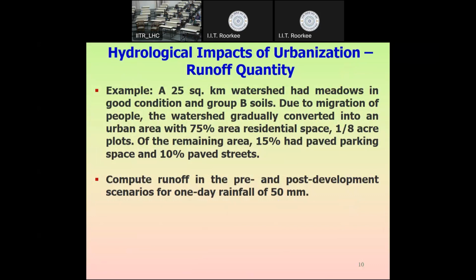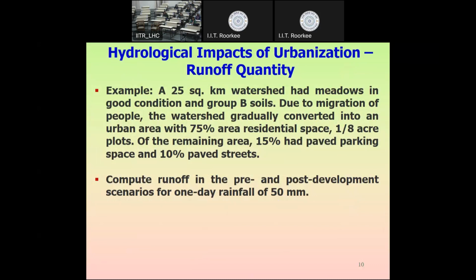We know the SCS equation Q equals (P minus 0.2S) squared divided by (P plus 0.8S). Is this right or is something wrong? We have to be very careful. Okay. Now what is given?